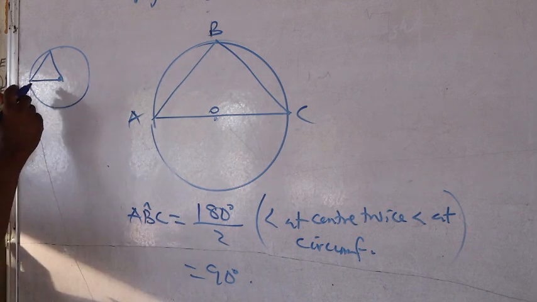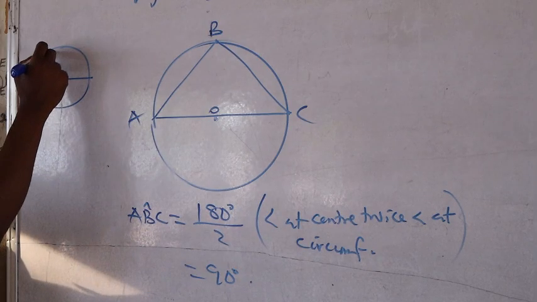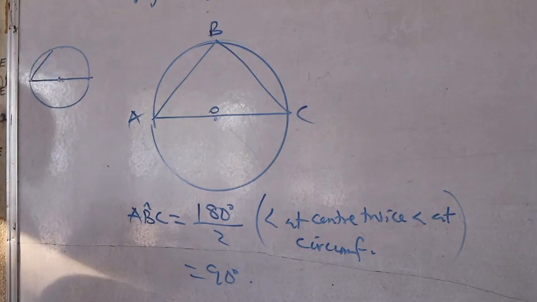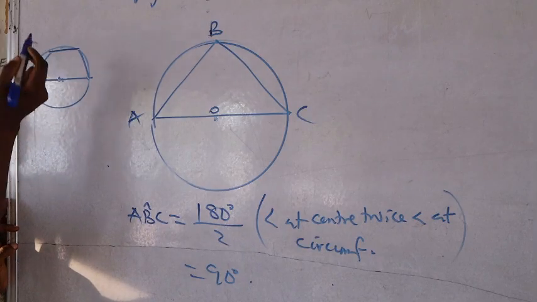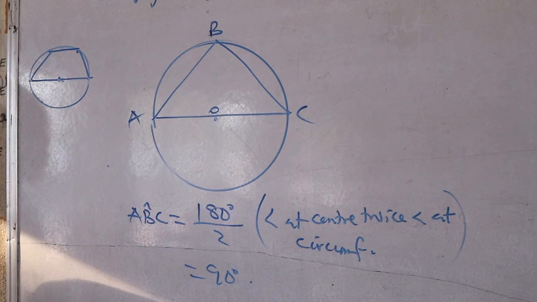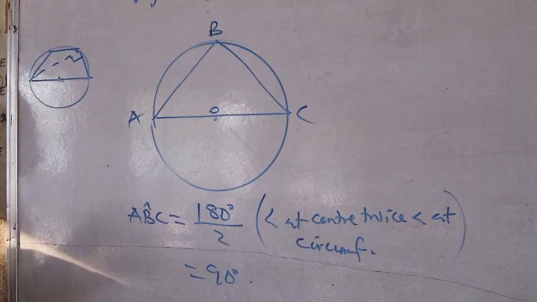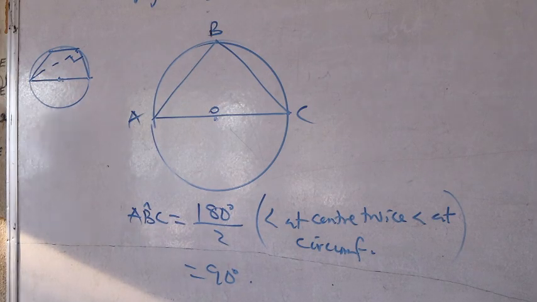And even when you have a diameter, the two lines must meet to give you an angle. You cannot just have it like this and call it 90 degrees. It is not 90. But when you join this to this, then this angle will give you 90 degrees. Is that taken? Okay, now let us try some questions.